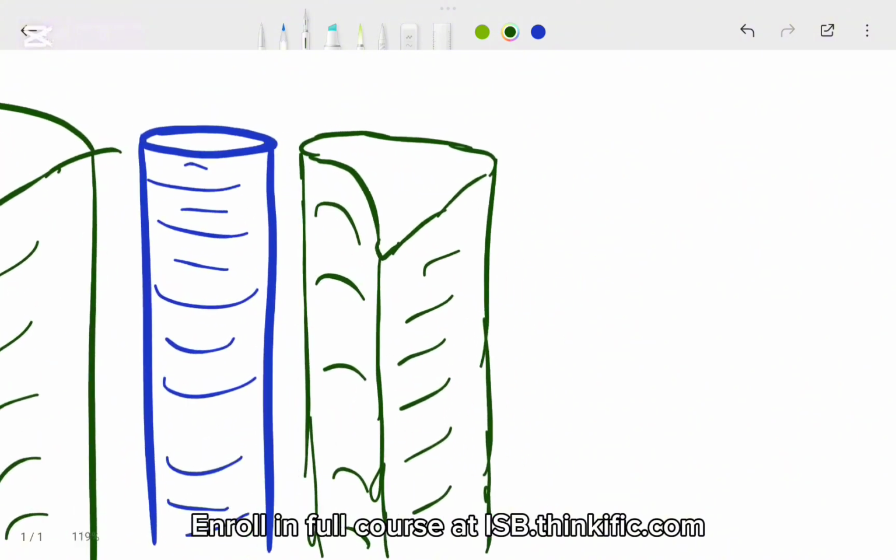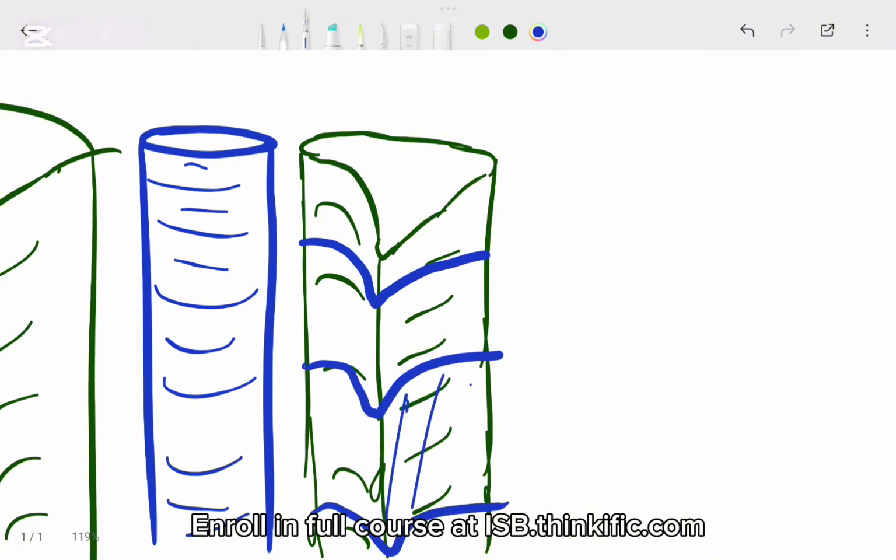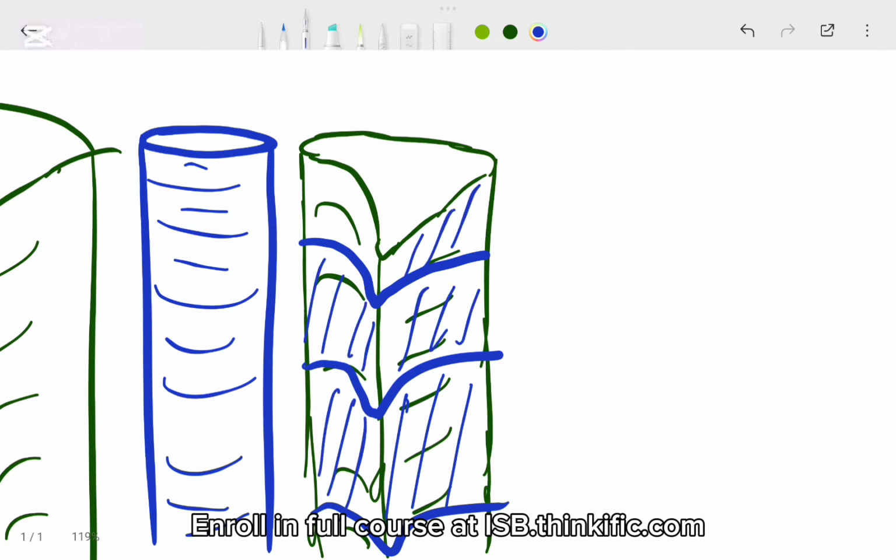Now this continuous column will undergo segmentation to form segments. These segregated segments are referred to as somites. So what is a somite? A somite is simply the segmentations that come from the paraxial mesoderm.